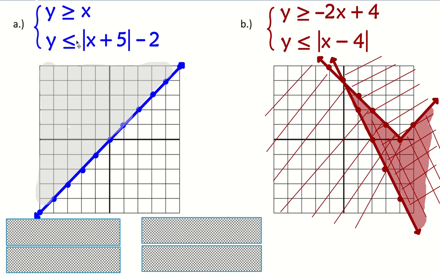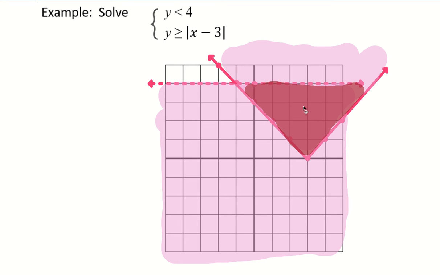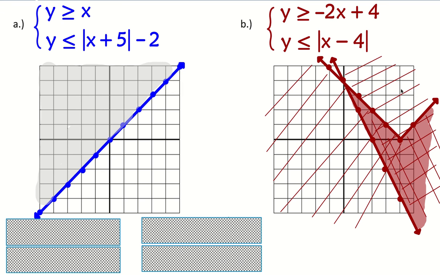And no flip, no change of slope, from 1 over 1. So you can totally do it that way. Just like over here, this was a shift to the right 3 only, and this was a shift to the right 4 only. This would have been to the left 5, and then down 2.